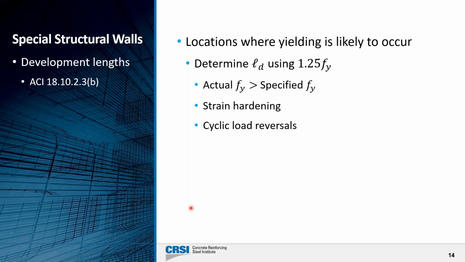Most likely the actual yield strength is going to be greater than the specified value. There's strain hardening that needs to be accounted for, as well as cyclic load reversal. So anywhere yielding is likely to occur, those regions are defined for us in the code, and we have to determine our tension development lengths based on 1.25 times F sub y.